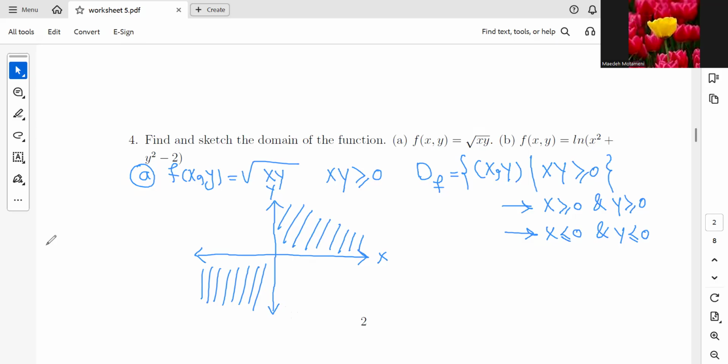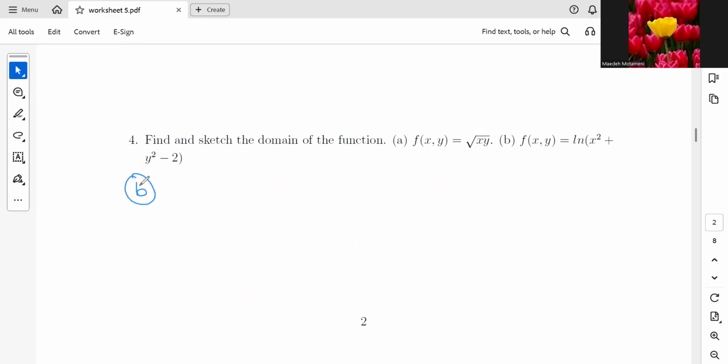What about part B? For part B, the function is f of x and y equals ln of x squared plus y squared minus 2.